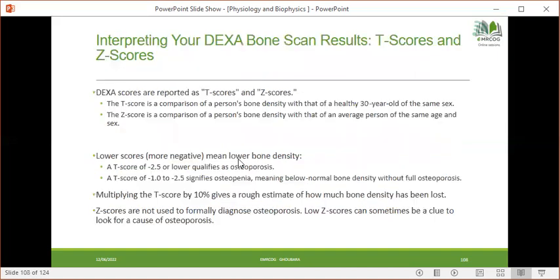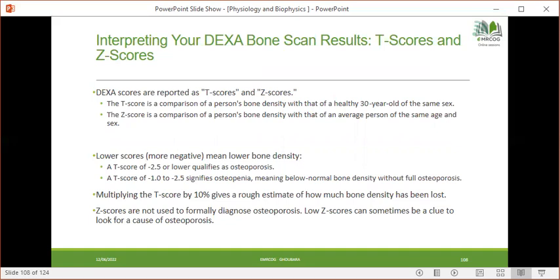So we can say that the T-score is a comparison of a person's bone density with that of a healthy 30-year-old of the same sex. So when I'm comparing a male, I will compare him with a healthy 30-year-old male. If I'm comparing the bone density of a woman, I will compare her with a healthy 30-year-old woman.